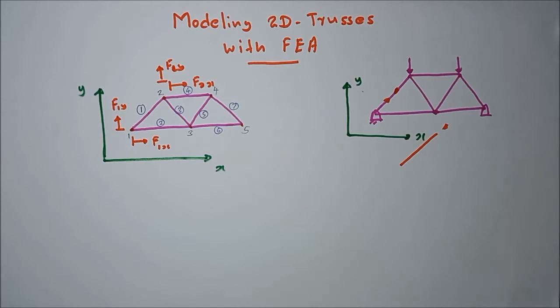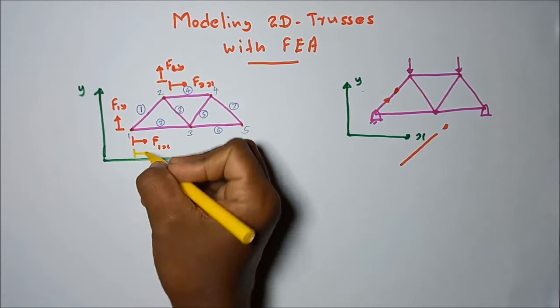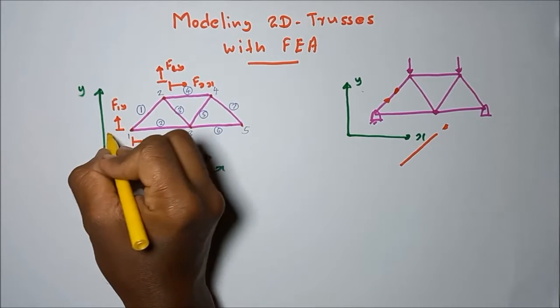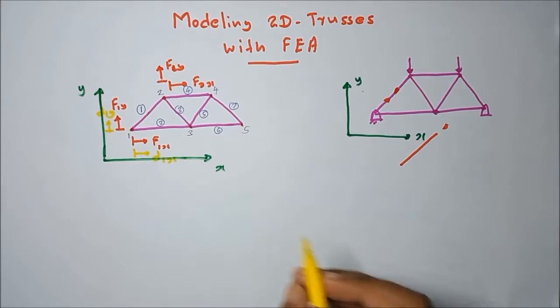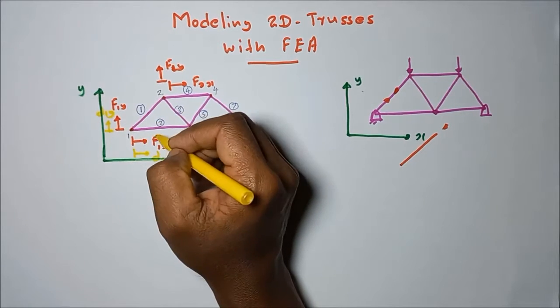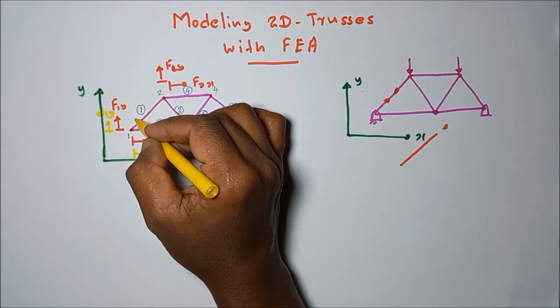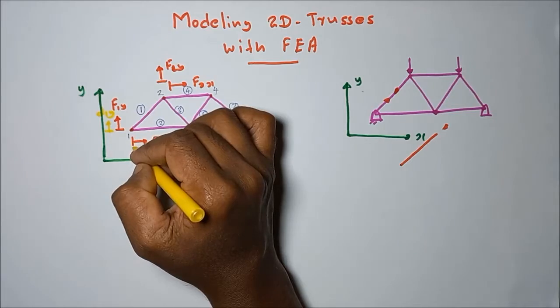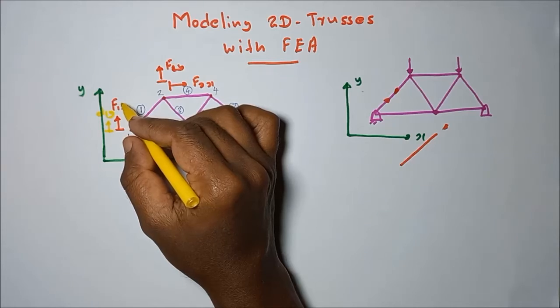The nodal displacements can also be marked on this diagram, representing the two perpendicular directions. Here d1x in this direction, d1y. That means node 1, according to the global coordinate directions, may displace on a two-dimensional plane. The resolved component in the x direction is d1x and in the y direction d1y.